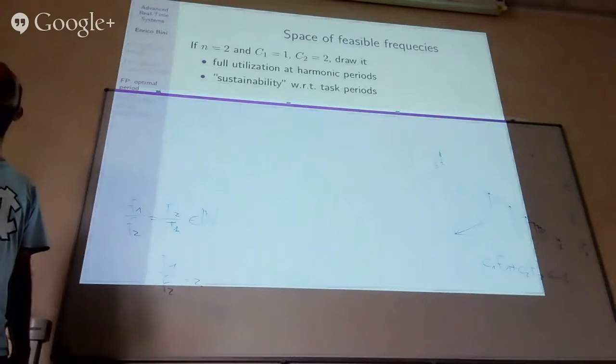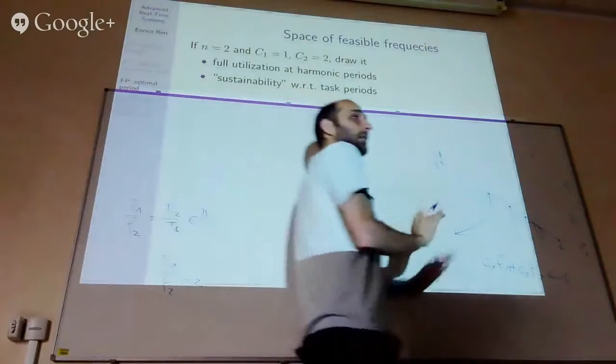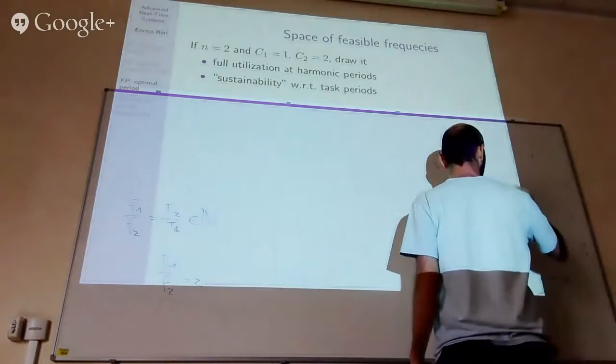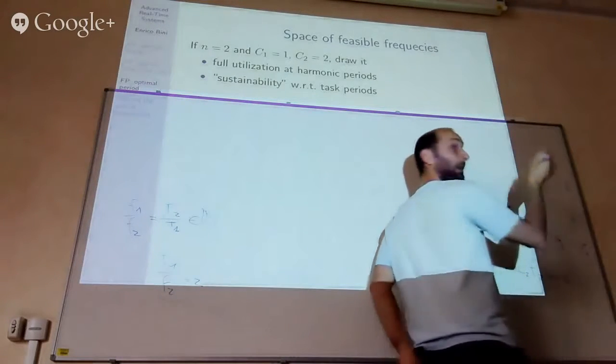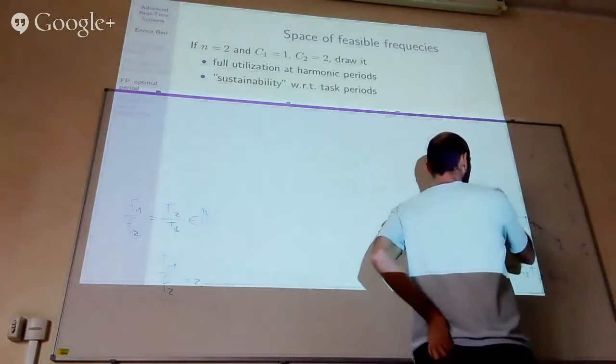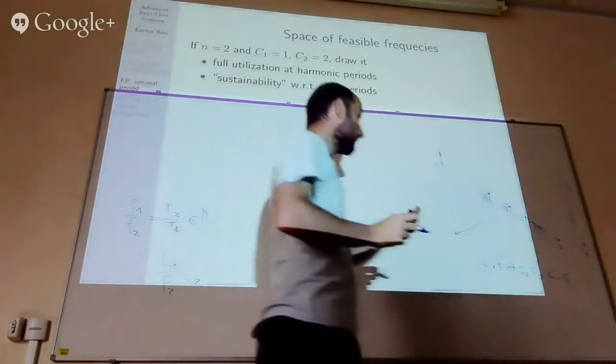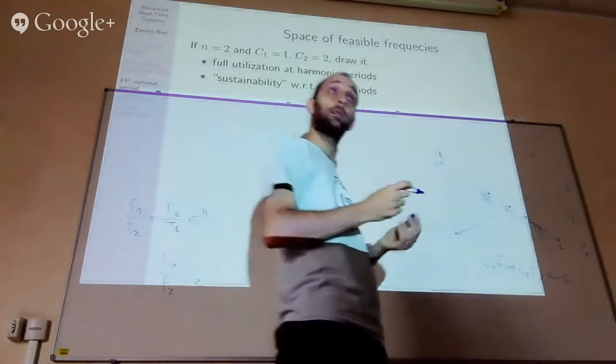have schedulability. This is just a simple, basic reasoning. It's not super advanced math. So we know these points, and we know that by reducing any such frequency, we keep schedulability. So we have reduced pretty much the amount of uncertainty.